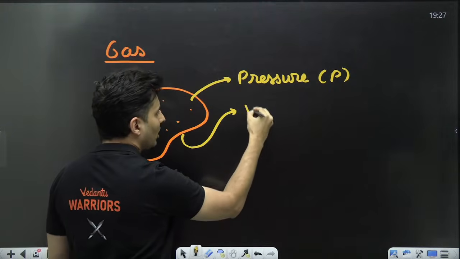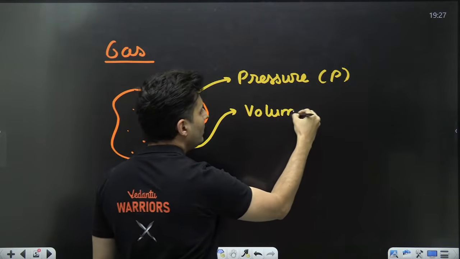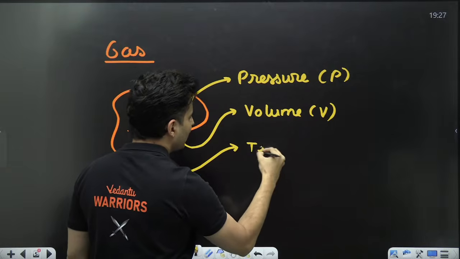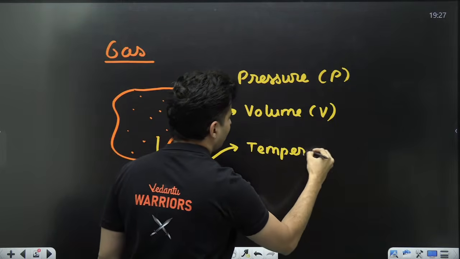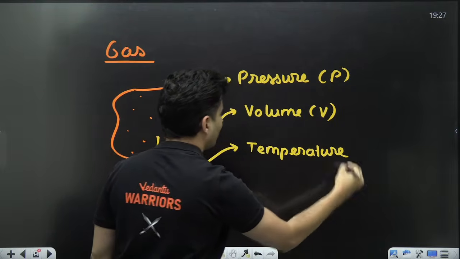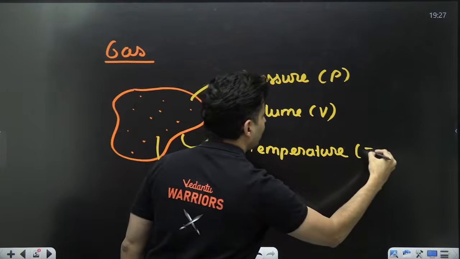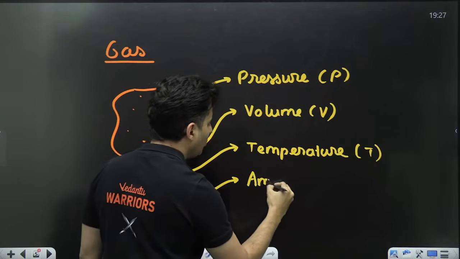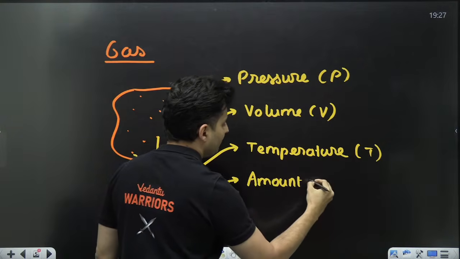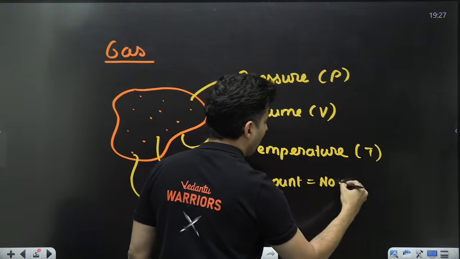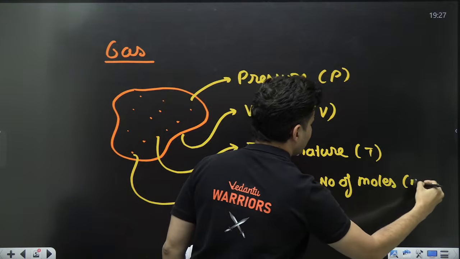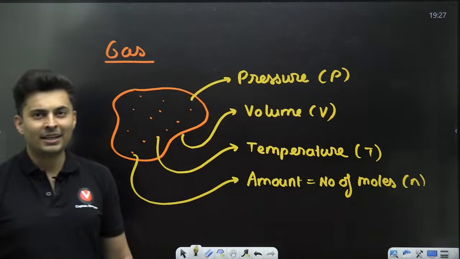You can also talk about the volume of the gas. You can also talk about the temperature of the gas. You can also see the amount of the gas, which is nothing but the number of moles, which is characterized by n.